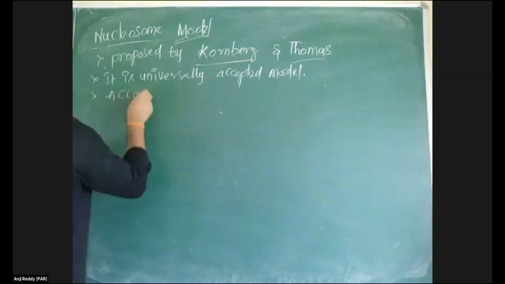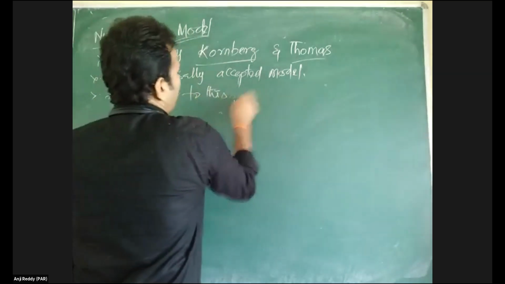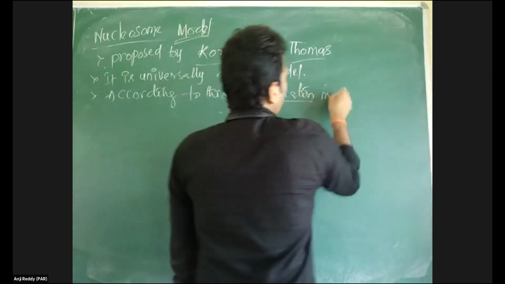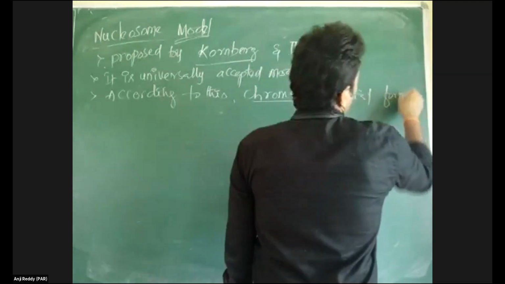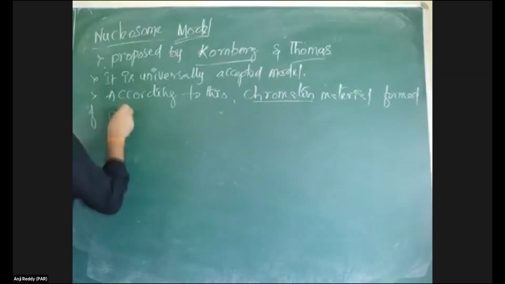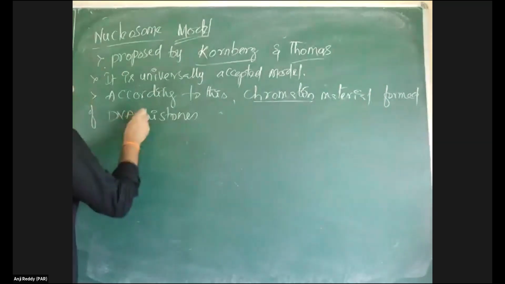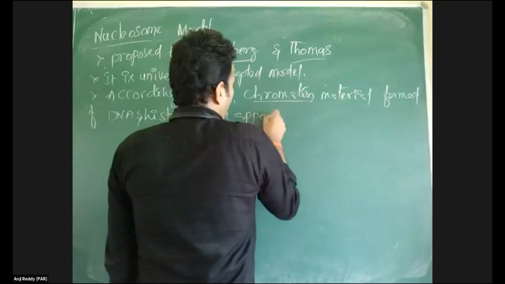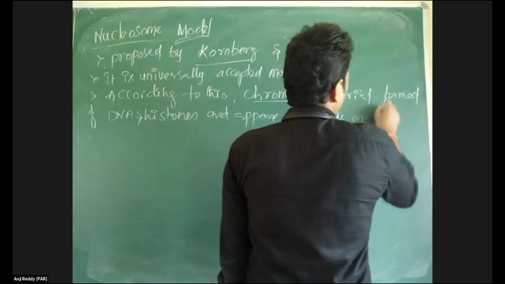According to this model, chromatin material is formed. Chromatin material is formed of DNA and histones, and appears as beads on a string.